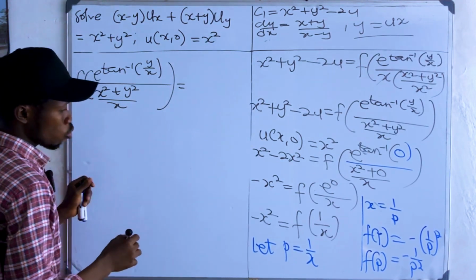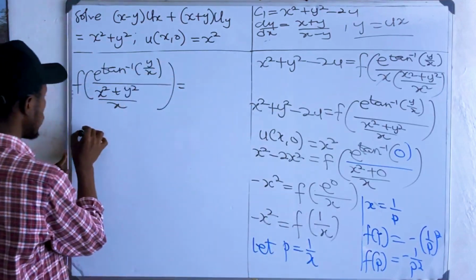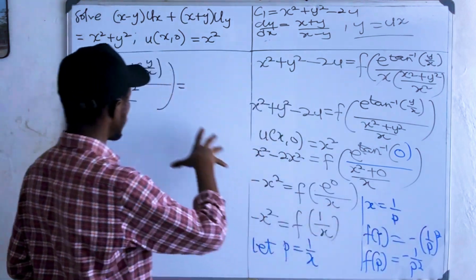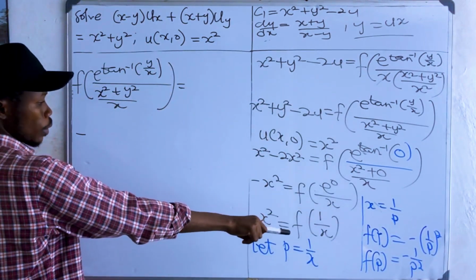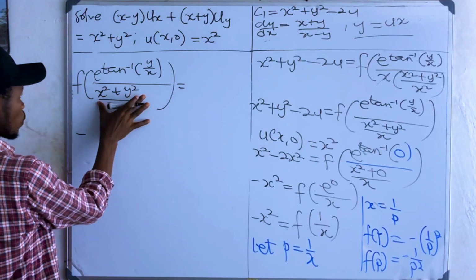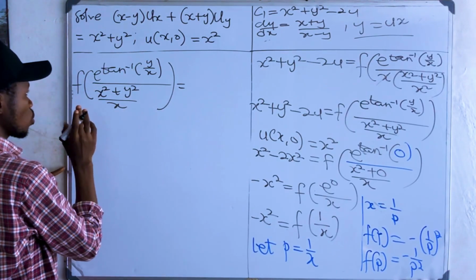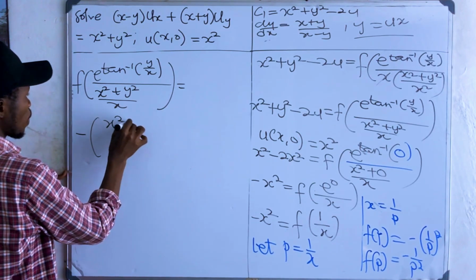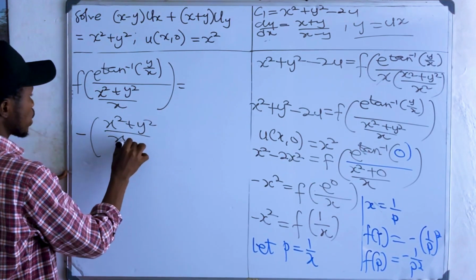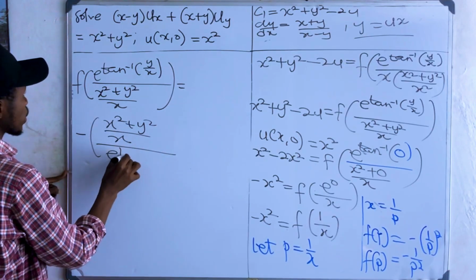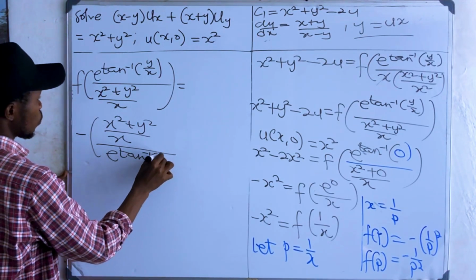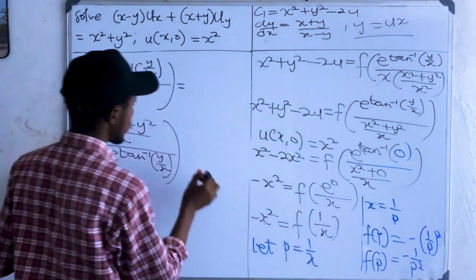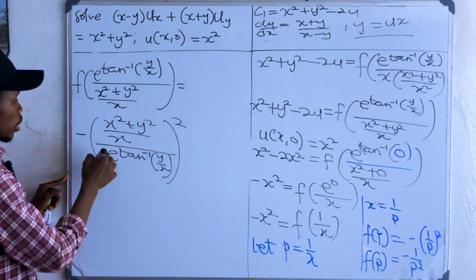It is equal to negative, so you see, it's just like you are going to take the inverse of whatever is here, because it's 1 over p squared. The whole of this will go to the top and this will come down. So it's going to be negative x squared plus y squared over x, and the whole of this is divided by e to the power tan inverse of y over x. But remember, there is a square. This x can come down here.